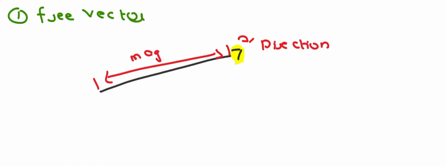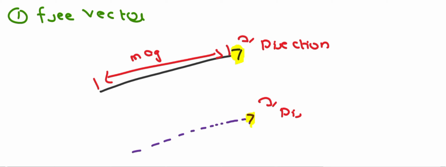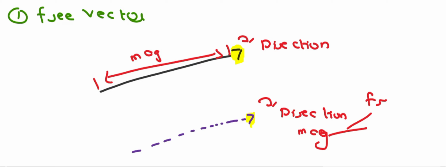What if I can displace this vector parallel to itself like this, so that its direction and magnitude remain unchanged? This type of vector is known as the free vector.